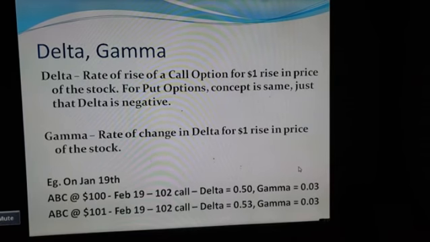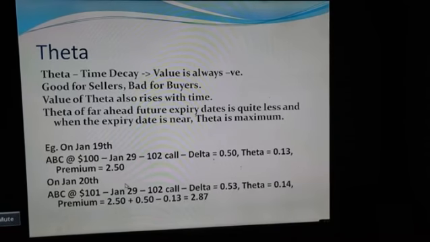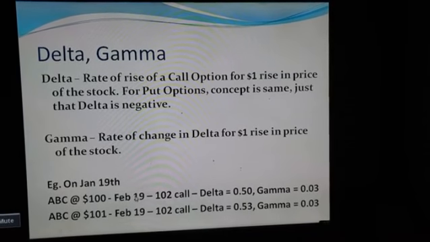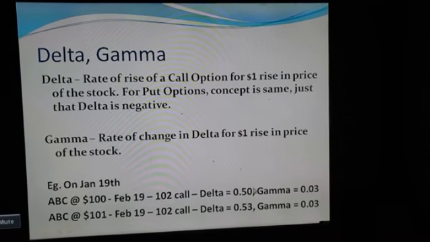Now I have given an example over here. On 19th January, say on Tuesday when the market opens, the stock price of ABC was 100, and I have chosen February 19 $102 calls. Delta is 0.50, gamma is 0.03.